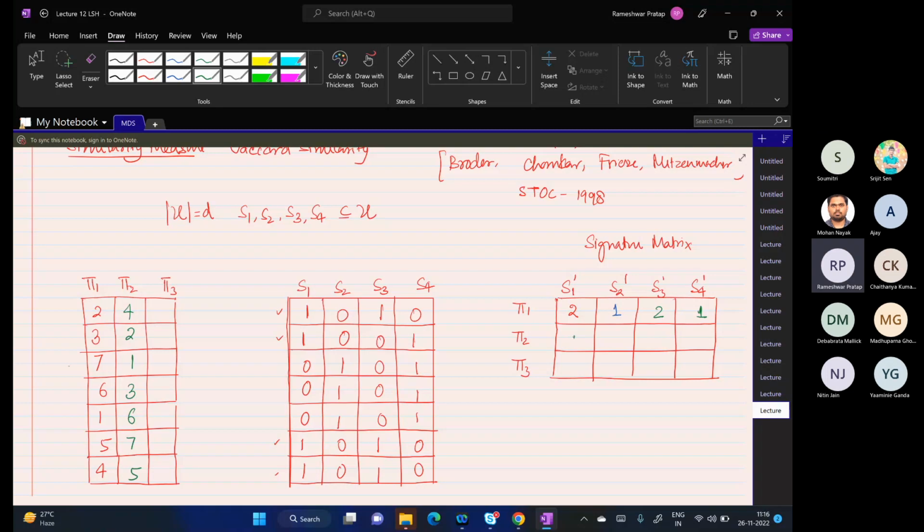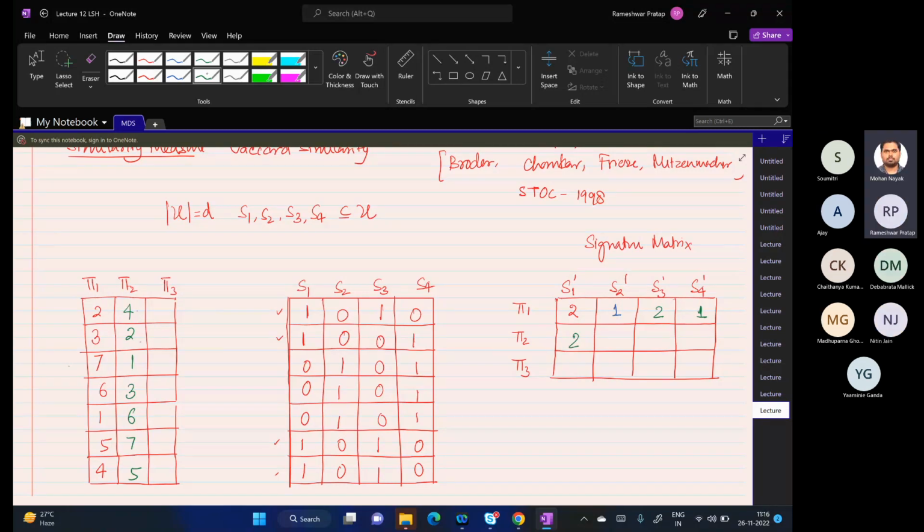For this position, we need to see the value of S1 using pi2. It is 2. Why 2? Because the values are 4, 2, 7, 5, and the minimum is 2. Similarly for S2, it is 1.